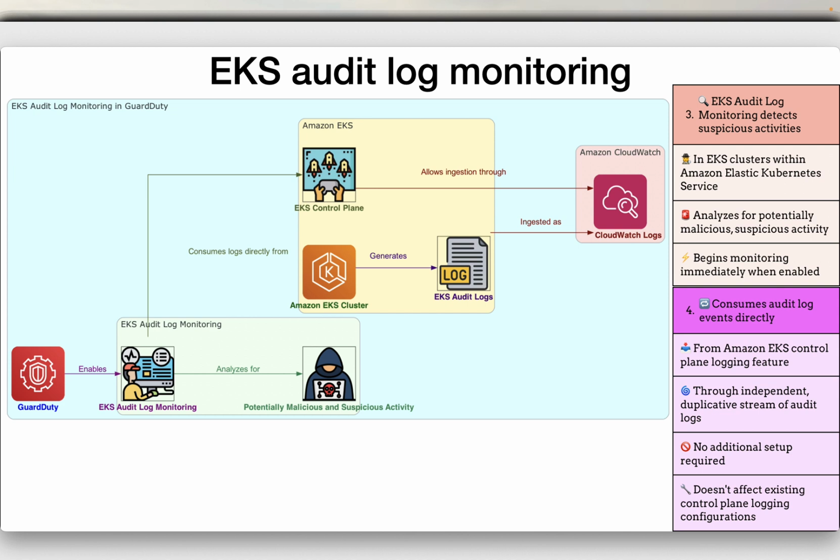It consumes Kubernetes audit log events directly from the Amazon EKS control plane logging feature through an independent and duplicative stream of audit logs. So it will just create a duplicate and independent stream of audit logs, and this process does not require any additional setup or affect any existing Amazon EKS control plane logging configurations that you might have.